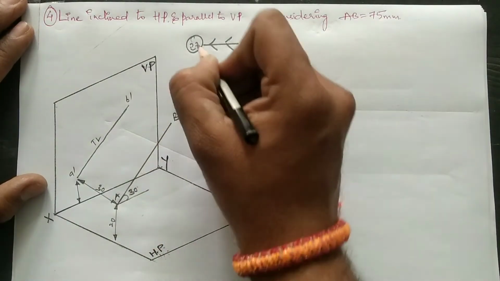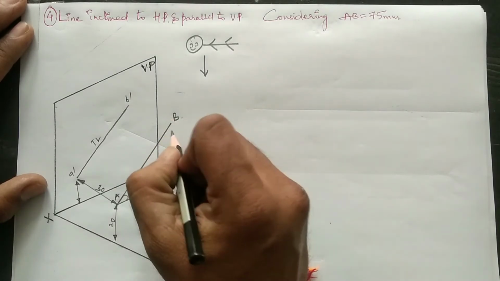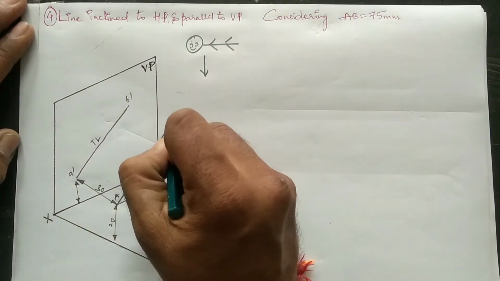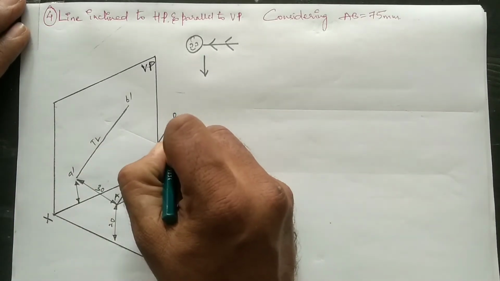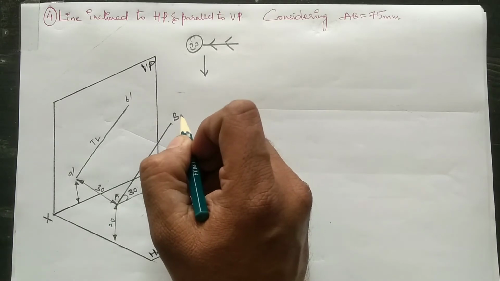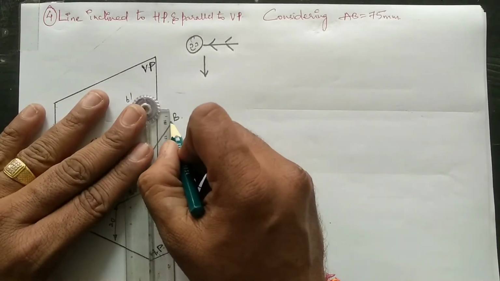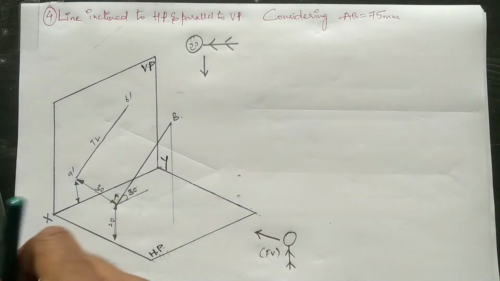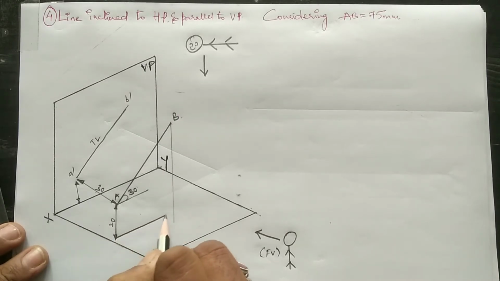But when we see it from the top view, after seeing from the front view, the projection on the horizontal plane will not be the same as the true length.